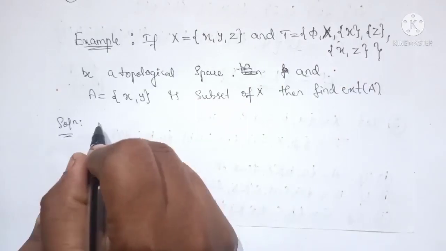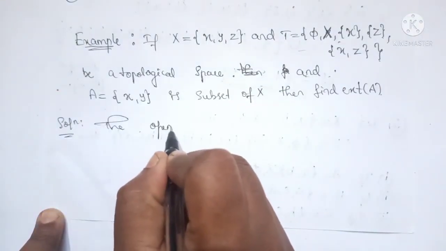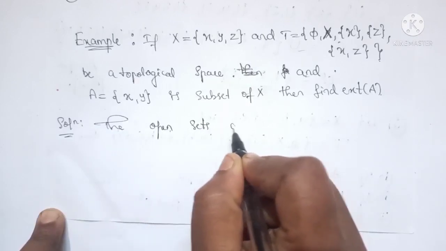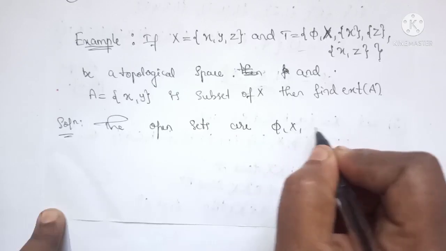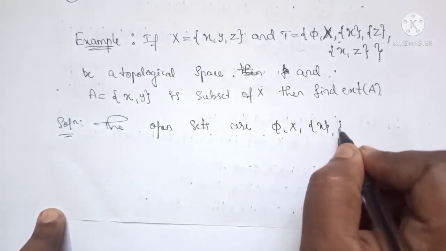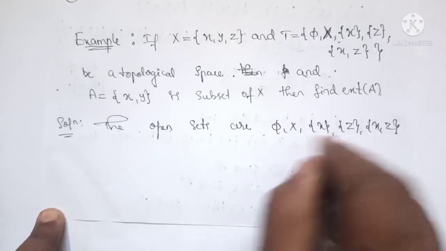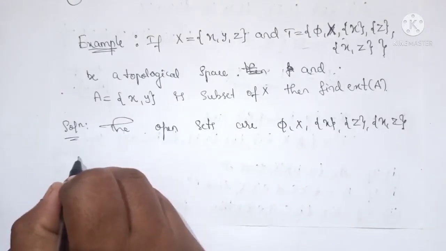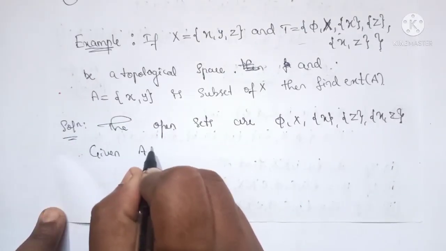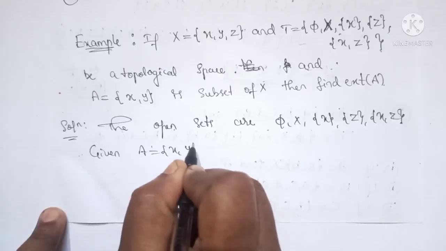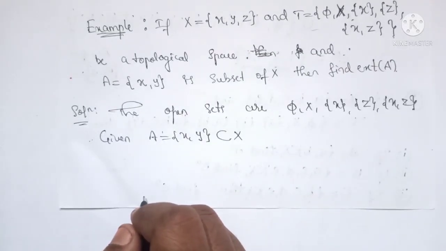The open sets are phi, X, {z} and {x, z}. These are the open sets. Here given A is equal to {x, y}, a subset of X, and we need to find the exterior of A.